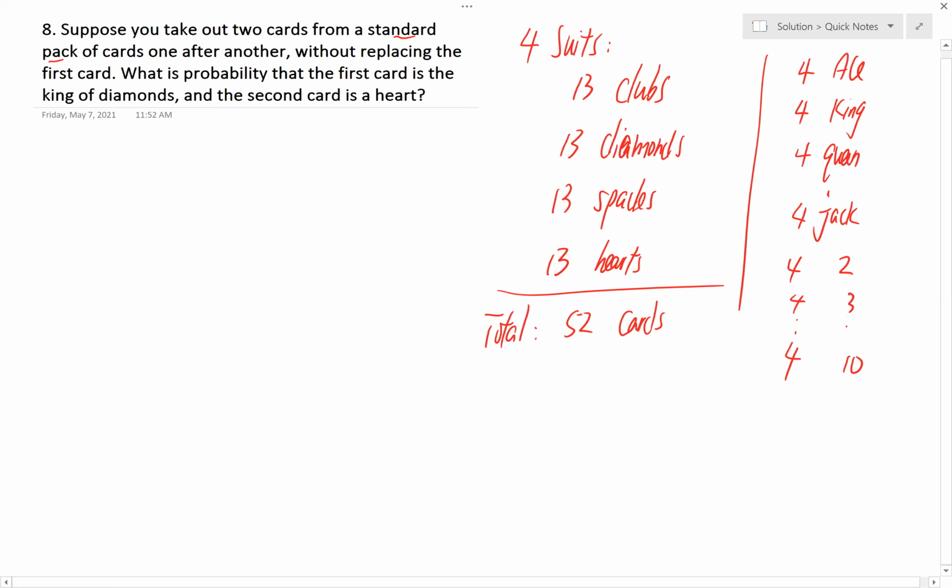So basically that's a breakdown of the standard deck of cards. Now this is important information here, so try to make sense of this. And then what's the probability the first card is a king of diamonds? The first is a king of diamonds. How many kings of diamonds are there?